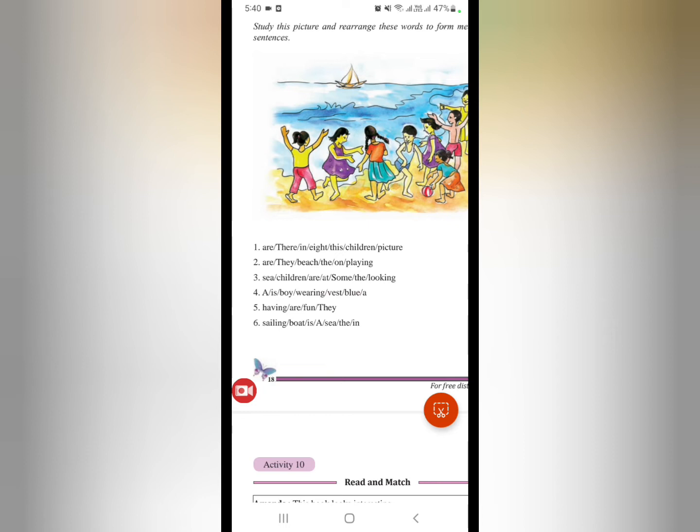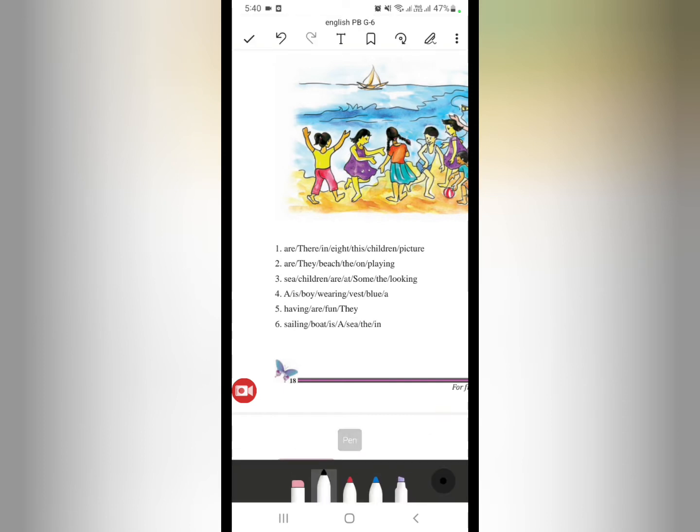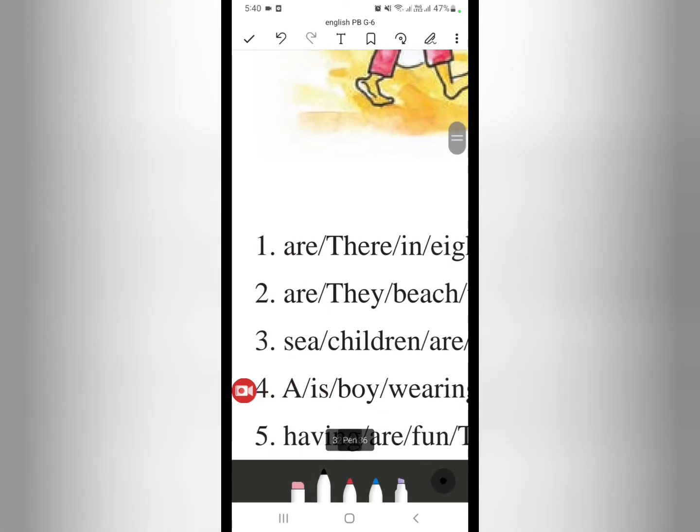Then that first letter should be a capital letter, not a simple letter. Others should contain only simple letters. The first word should contain the capital letter. Now we'll see which word contains the capital letter. Wait a minute. There.